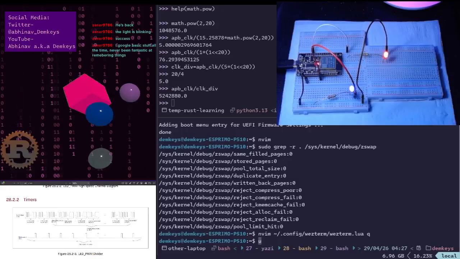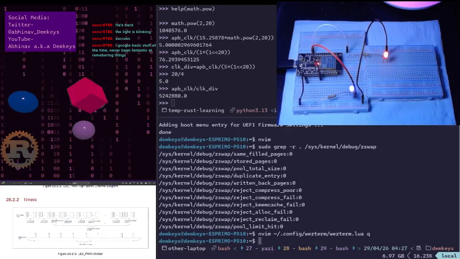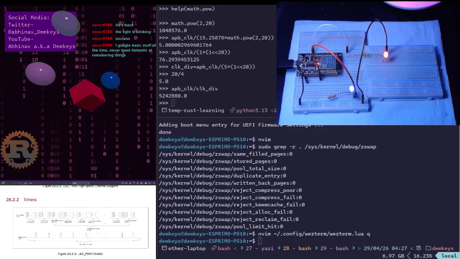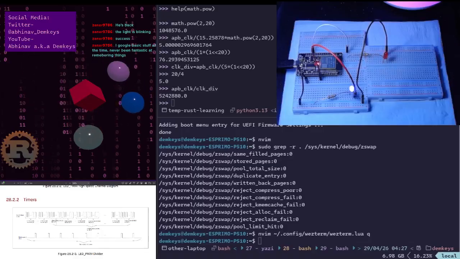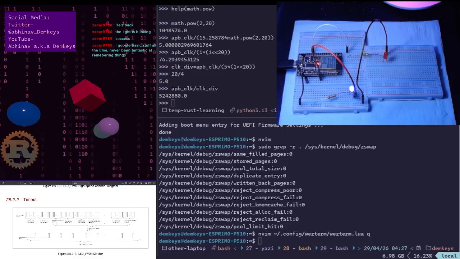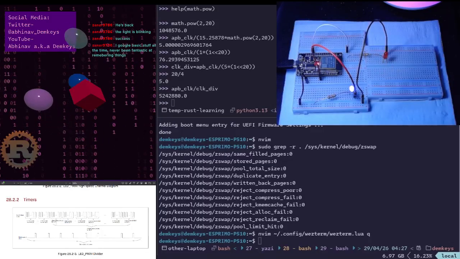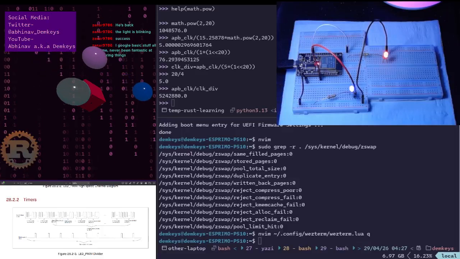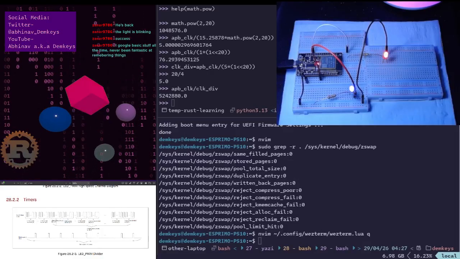That's interesting. Why is it not showing up here? Hold on, guys. I'm confused about this.